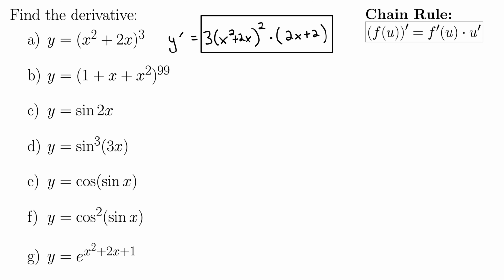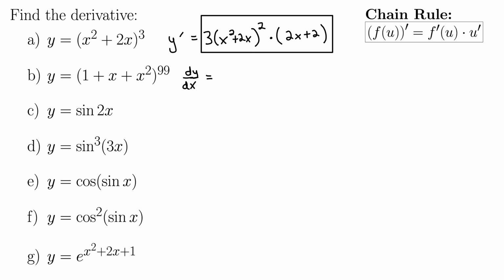Let's try part B. We have y equals the quantity 1 plus x squared, all raised to the 99th power. Alright, so the derivative, we'll use the chain rule here. We'll write the dy dx version instead of y prime, because we can use those interchangeably. Dy dx is then, alright, let's leave the inside alone and just focus on the outside.